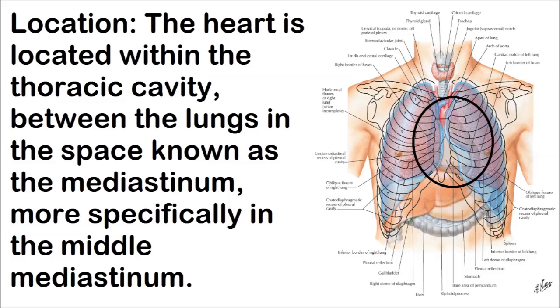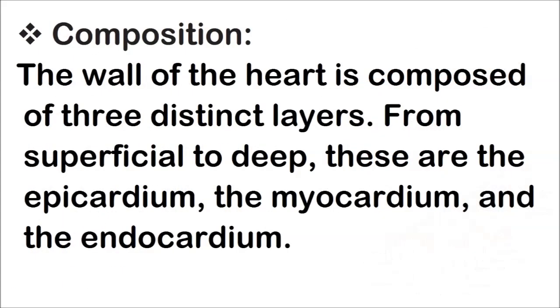It is a wonderful book. Next term is composition. In composition, we study about the constituents. For example, heart. Heart is composed of 3 distinct layers like the epicardium, myocardium and endocardium.